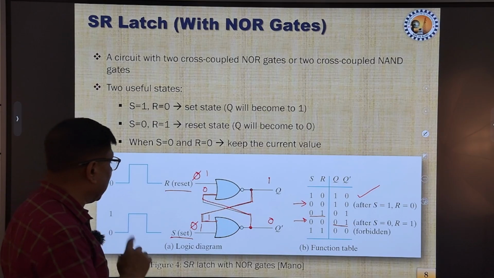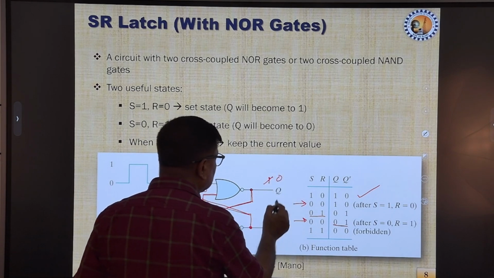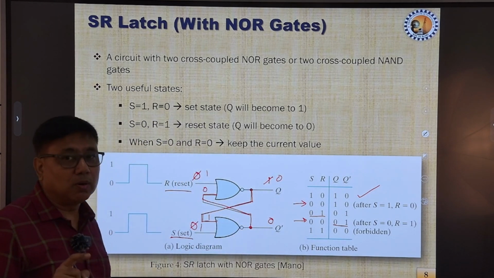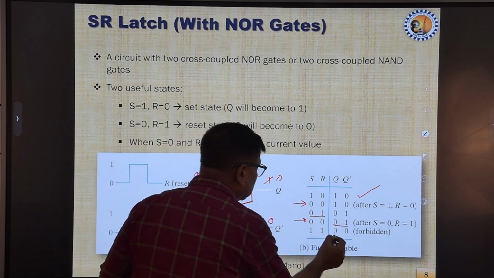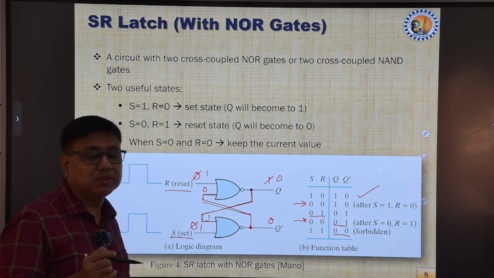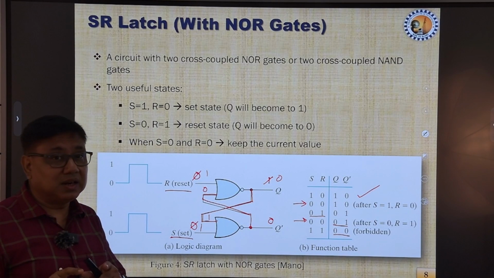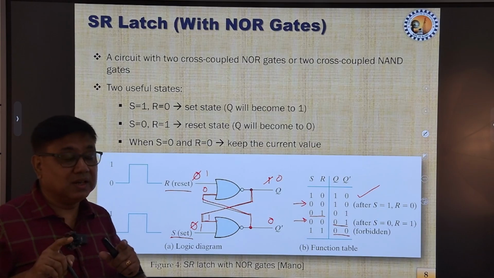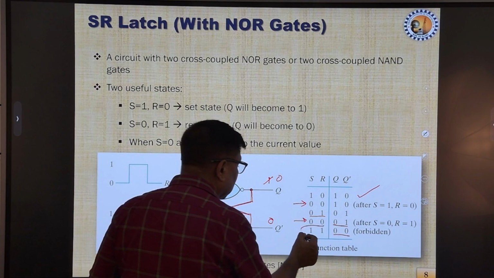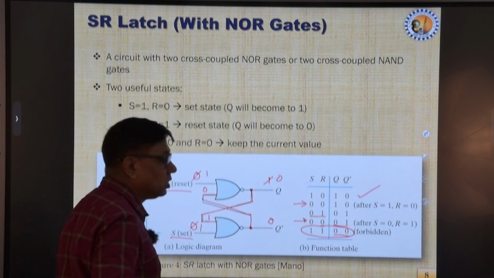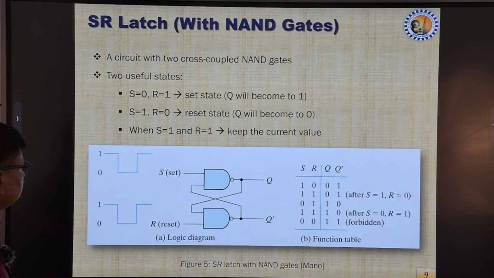So we cannot apply it. The reason is that it will violate the output conditions. Q and Q bar are complementary to each other, so when both the outputs remain in the same state, they are violating the output condition. As a result, this is an invalid state, so we should avoid this condition appearing at the input. So this is about our NOR latch.